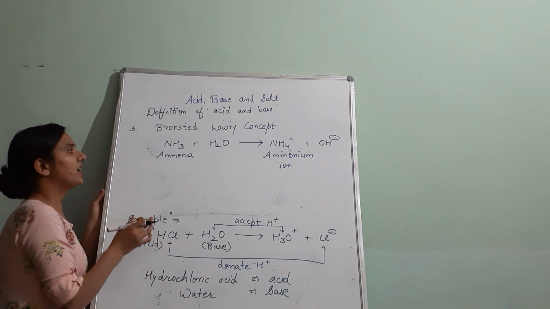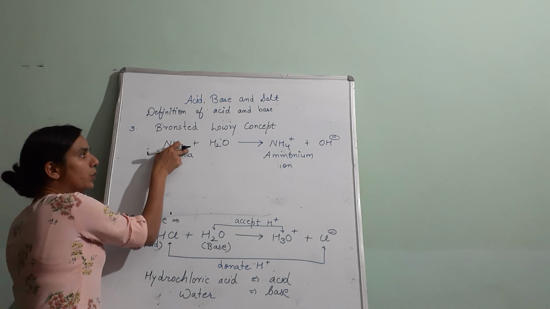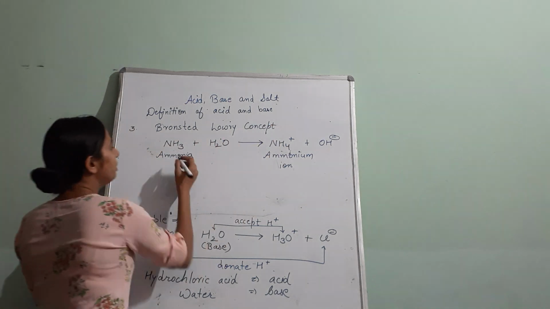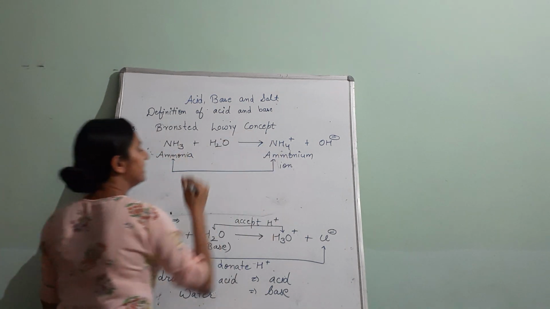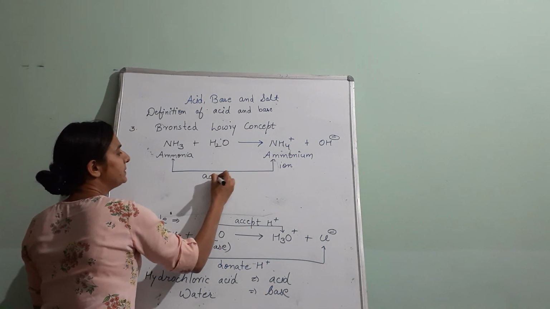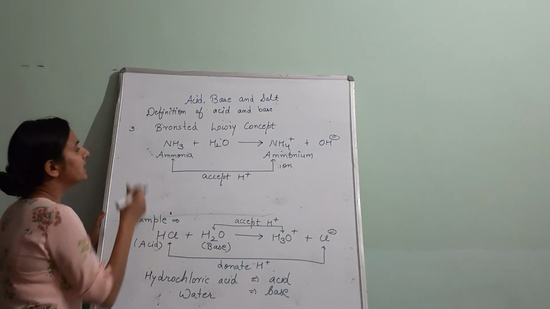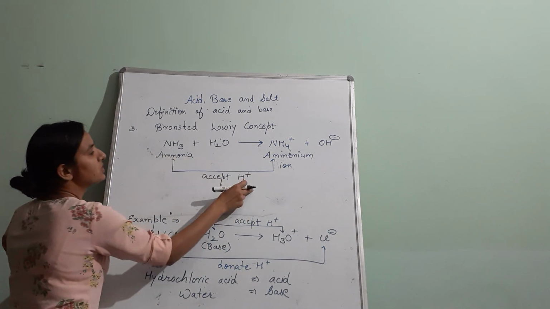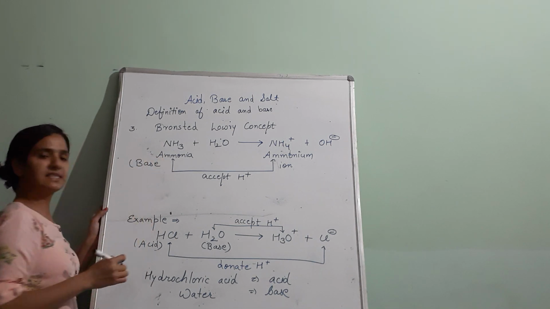Now observe this reaction. What is happening here? This NH3 takes one H plus and converts into ammonium ion. So what does this ammonia do here? It accepts H positive ion, and the compound which accepts H positive ion is known as base.